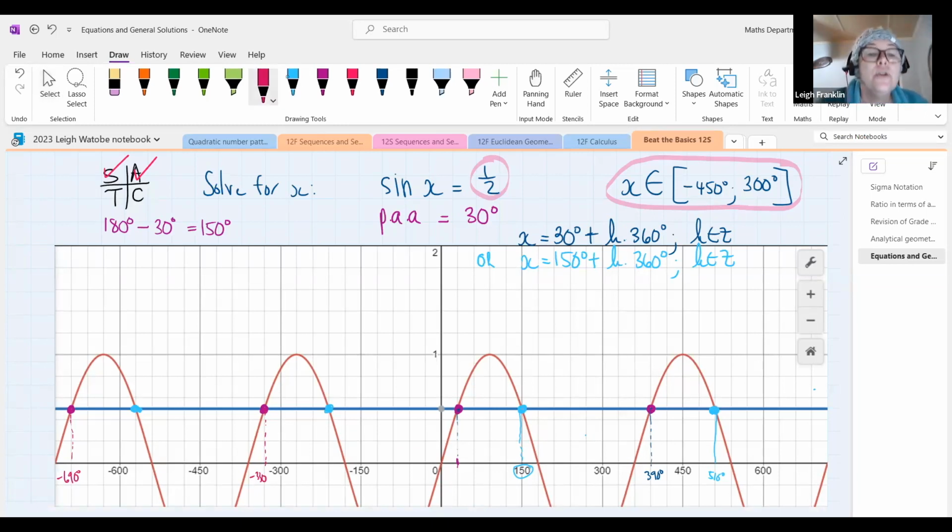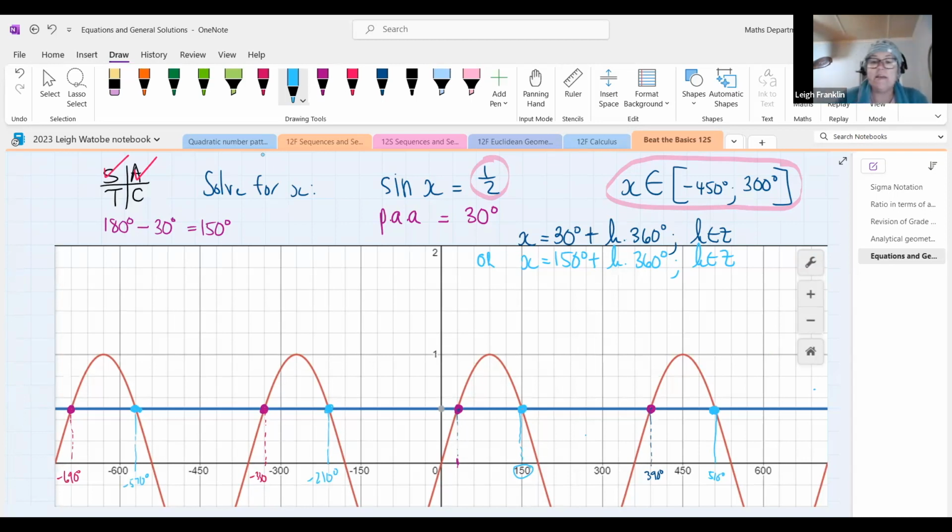That would be this, minus 210. If I made K equal to minus 2, I'd have 360 times negative 2 plus 150. That would give me minus 570. That's this answer over there, minus 570.